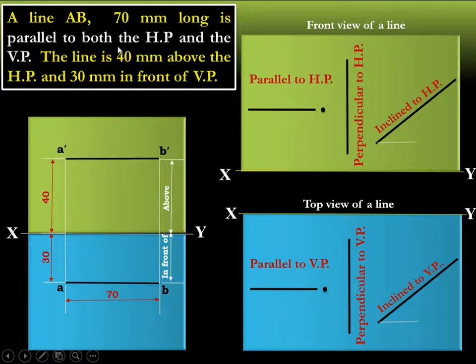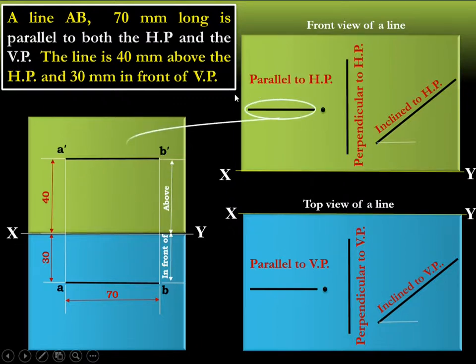Now let us use the quick tips for verifying the final projections we have obtained. It is given that the line is parallel to horizontal plane and parallel to vertical plane. Parallel to horizontal plane means the projection which is obtained above the XY line must be parallel to XY line.